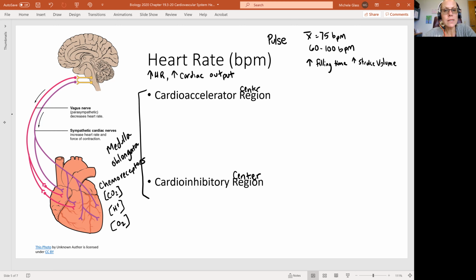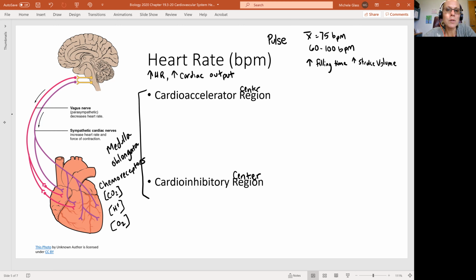Meaning if your heart is beating too fast, you don't have adequate filling time, which means you're reducing your EDV, which means you're reducing your stroke volume, right? But it may be that your heart is beating fast enough to compensate for this reduction of stroke volume. So we see a bit of compensation that happens because these are multiplied against each other. If you reduce stroke volume and increase heart rate, you maintain good cardiac output. If you increase stroke volume and reduce heart rate, you can still maintain good cardiac output.